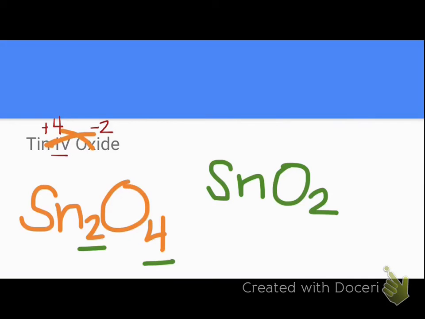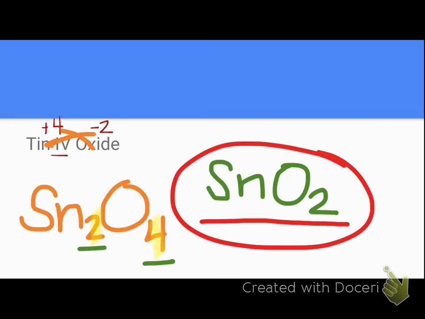Now, this is not technically wrong because your values do cancel out, but this is the actual formula. Okay, so this is what I'm looking for with you there. So just something to keep yourself aware of. Can my values be reduced anymore?